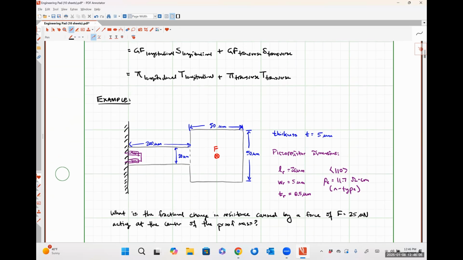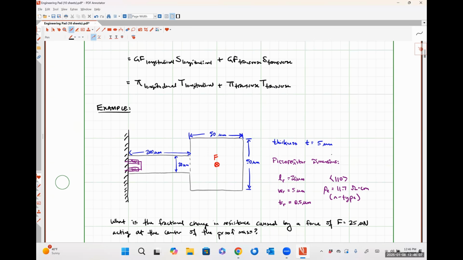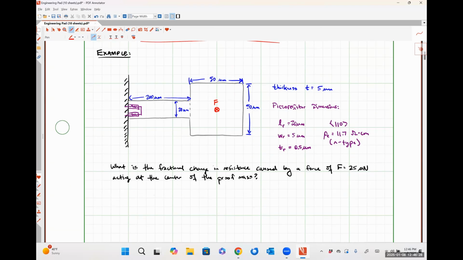So we've got a couple of different relationships, right? We can do gauge factor times strain, or piezo-resistive coefficient times stress, right? So I'm going to argue that based on the information that we have, we're probably going to use the piezo-resistive coefficient by stress relationship, okay?